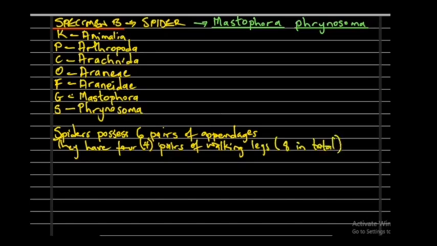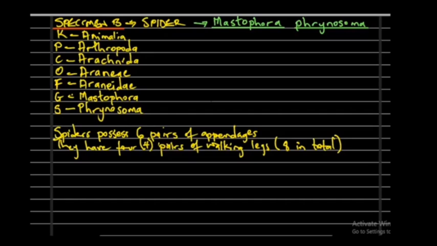Now, they have 2 segmented bodies. It has been heavily debated whether it is actually a head and the abdomen, or the prothorax and the abdomen, or the cephalothorax. All of these have been widely debated.